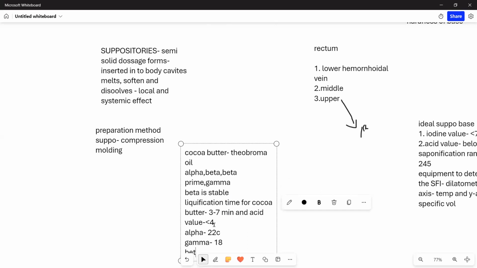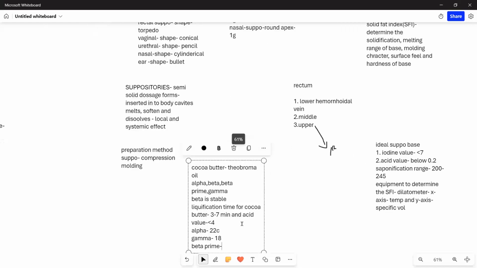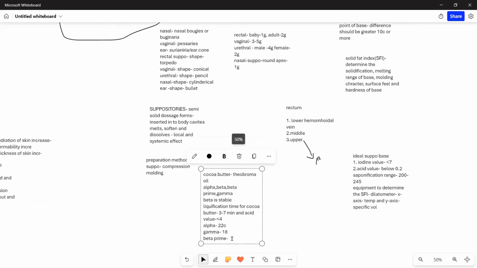For beta prime, it is 27. For beta, it is 34 to 36, guys. So that's why the most widely used form is the beta form, guys.